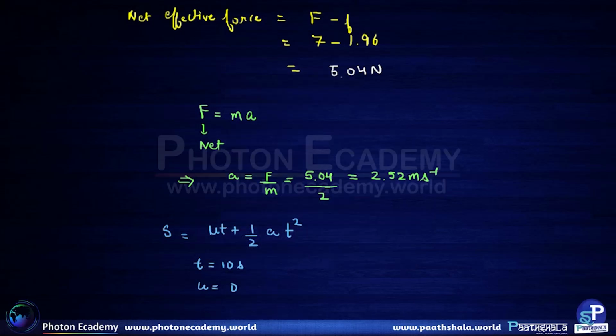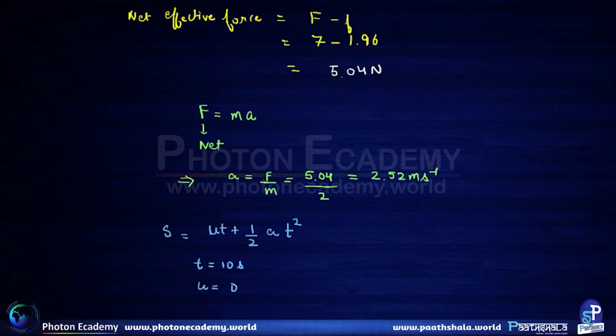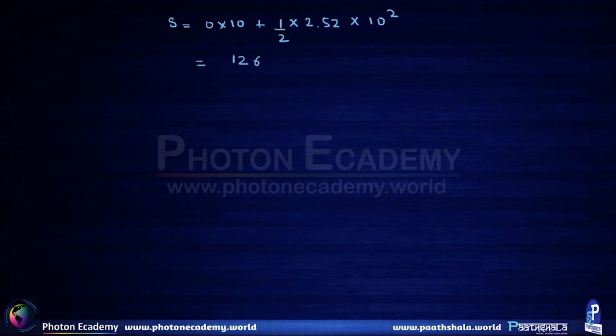Therefore S will be 0 into 10 plus half into 2.52 into t square, that is 10 square. Therefore the distance traveled by the body in 10 seconds under the net horizontal force is 126 meter.